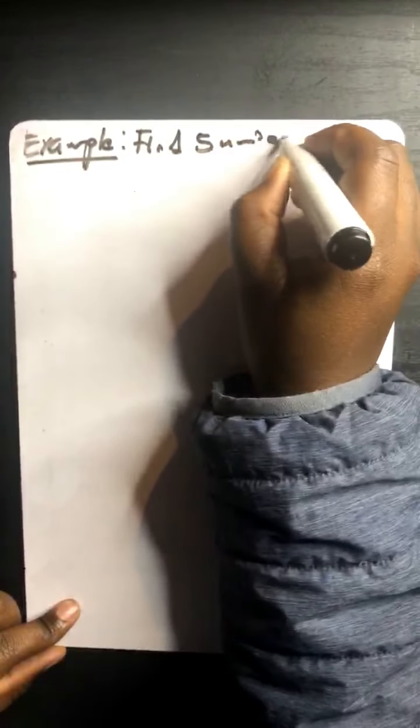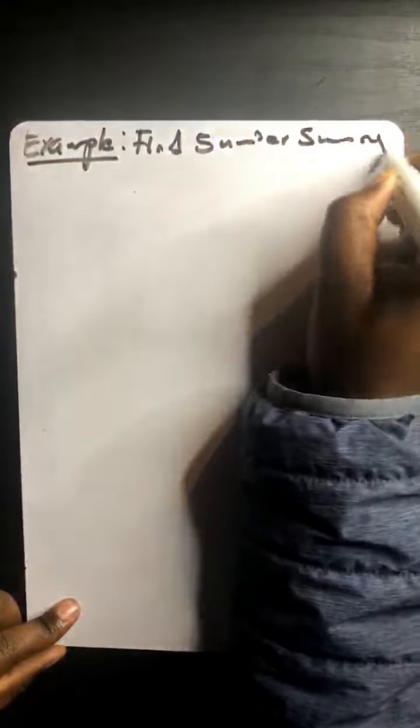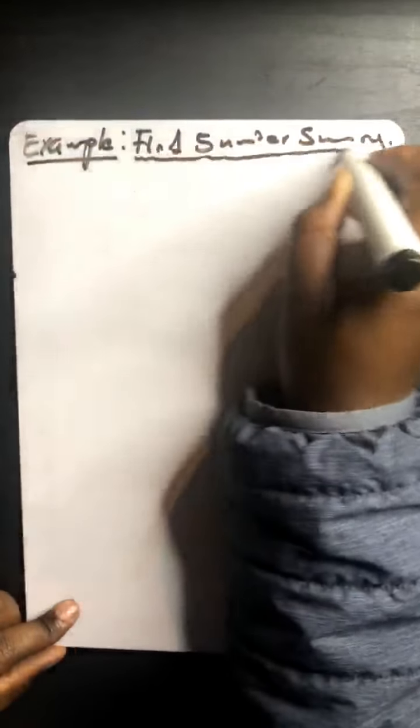In this example, they want you to find the 5 number summary.